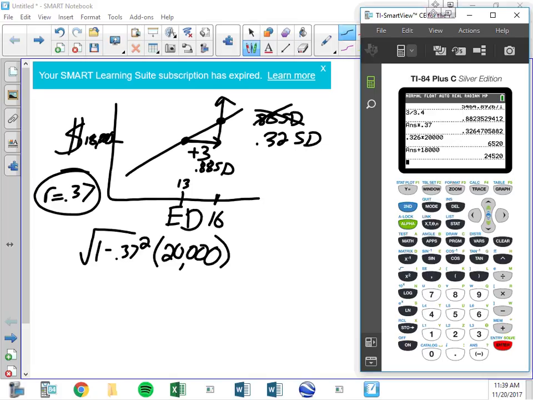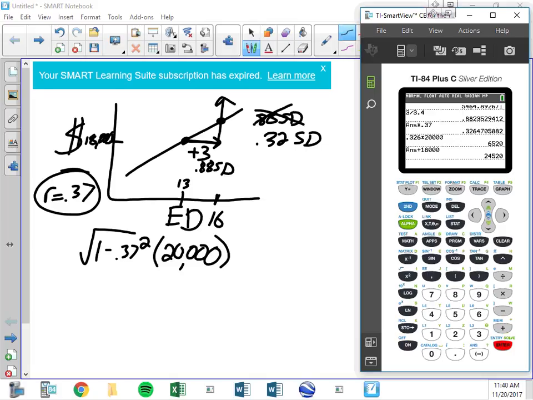So this prediction is likely to be off by how much? If we don't know the X value, how much are the Y values expected to be off? The average distance from the average is the SD, which is 20,000. But if you know a particular X value, then your guesses become more accurate, according to the RMS error.